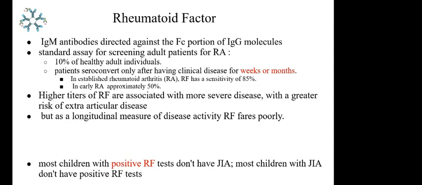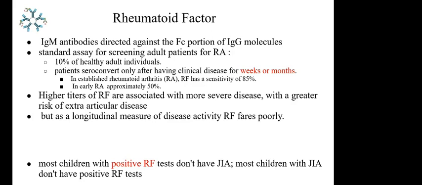In established rheumatoid arthritis, rheumatoid factor has a sensitivity of 85%. In early rheumatoid arthritis, the sensitivity is approximately 50%. Higher titers of rheumatoid factor are associated with more severe disease and with a greater risk of extra-articular disease.